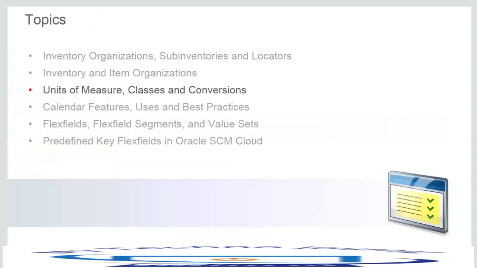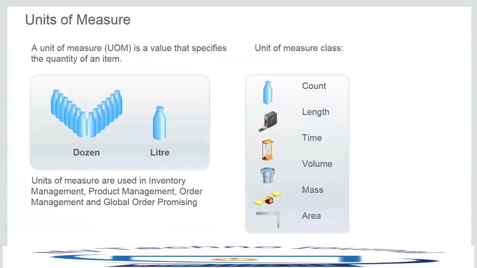Units of measure, classes, and conversions. This diagram depicts the units of measure and unit of measure classes. So what are the units of measure? That is dozen, liter. In what terms do you want to sell a specific item?